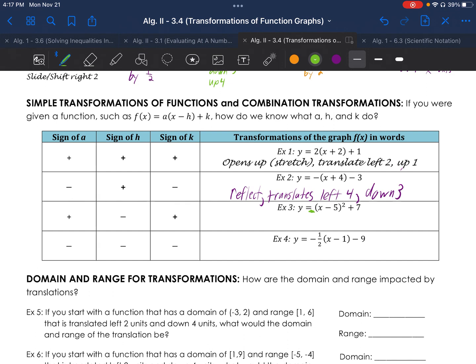Next, this one, the first part, a, well, it's a positive one, so nothing. It doesn't reflect. It's a normal one. What's with the x? The h, it's a negative 5 we see. So that means it translates.